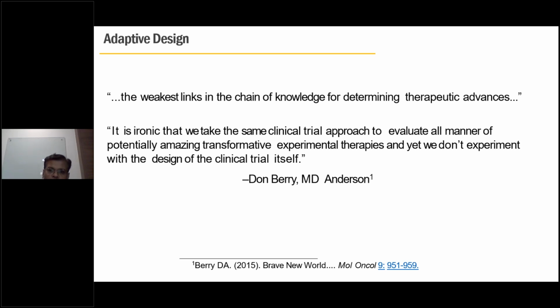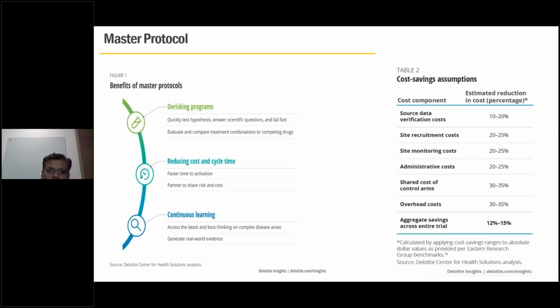We have not accepted this fail-fast model, but gradually we have tended to get into that mode, and we have this model of master protocols. There are studies now designed with this fail-fast model in place, and we call it a master protocol.